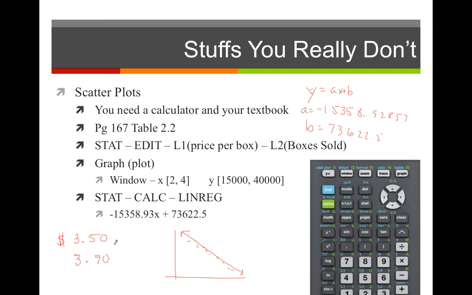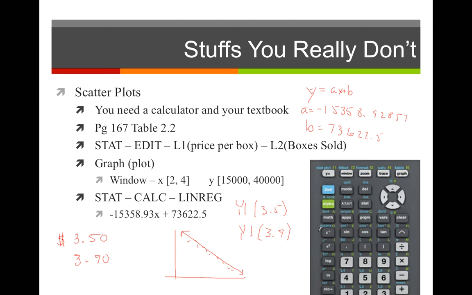You have a regression equation now, and you can actually go straight into your home screen on your calculator and type in Y1 of 3.5 and Y1 of 3.9. If you do that, you're going to get answers.